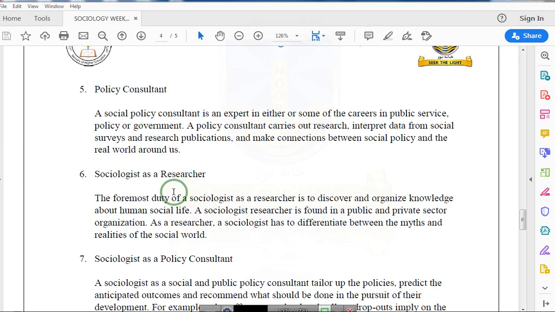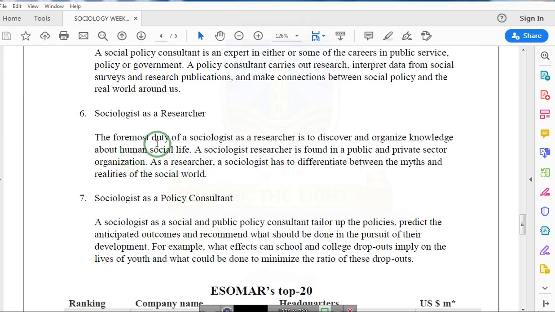Sociologist as a researcher. The foremost duty of a sociologist as a researcher is to discover and organize knowledge about human social life. A sociologist researcher is found in the public, and when we say public, it purely means government and private sector organization. As a researcher, a sociologist has to differentiate between the myths and realities of the social world.